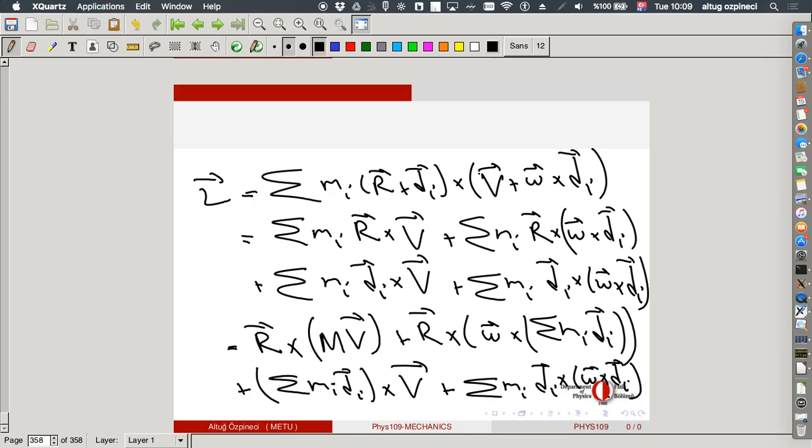Well, these two terms, I don't have any interpretation for them, but we can get rid of them by just choosing an axis that goes through the center of mass. And that is what we will do.